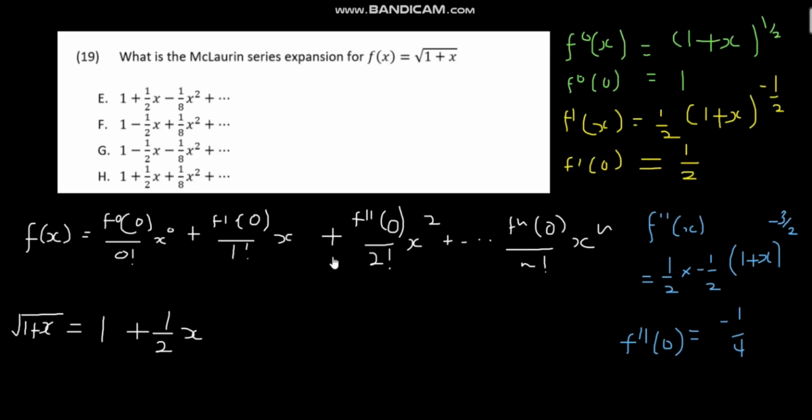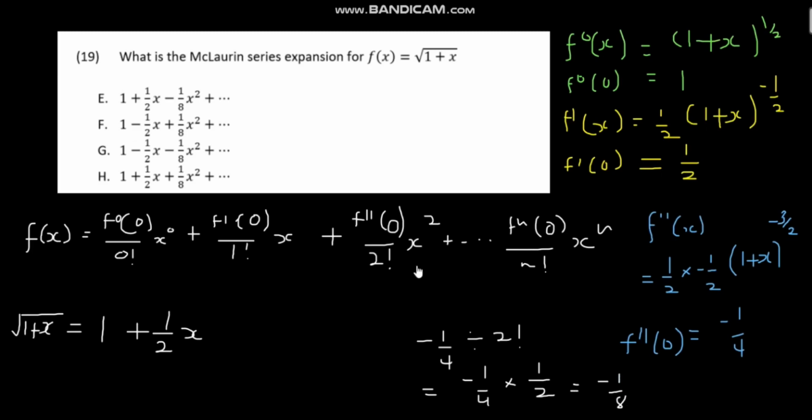Then the third term is the second derivative of the function at 0 over 2 factorial. The second derivative of the function at 0 is negative 1 over 4, divided by 2 factorial. So that will be negative 1 over 4 times 1 over 2, which is negative 1 over 8.